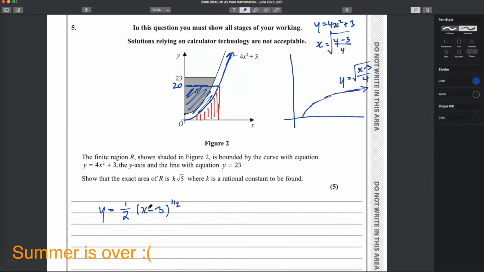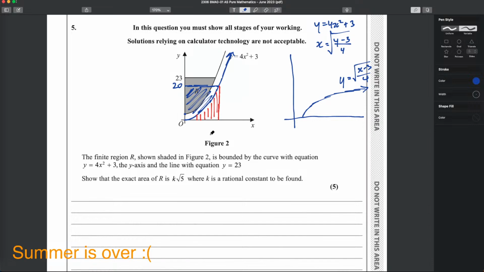Then you need to use the chain rule, which is actually not something we do in AS level mathematics. So, okay, alright. I'm sorry, we're going to have to go with method A. So, we're going to find the red area.